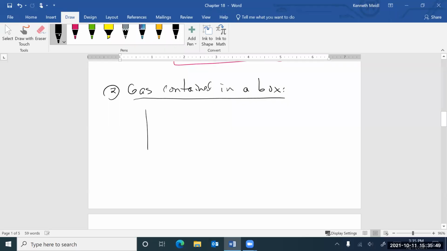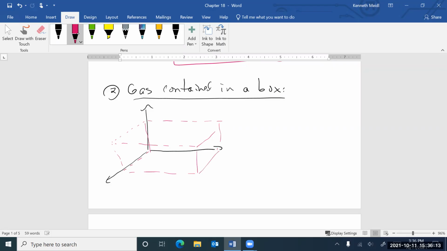Let's say the box looks kind of like this. Okay, so you've got some sort of box, and I'll call this the x-axis, the y-axis, and the z-axis, and I'm going to have this object inside of there.